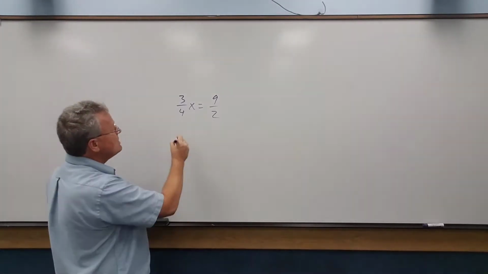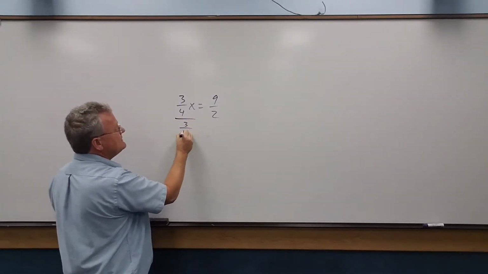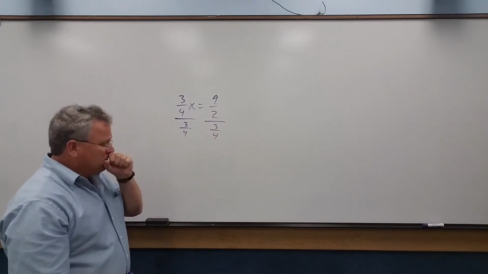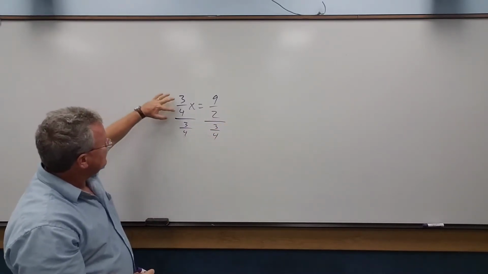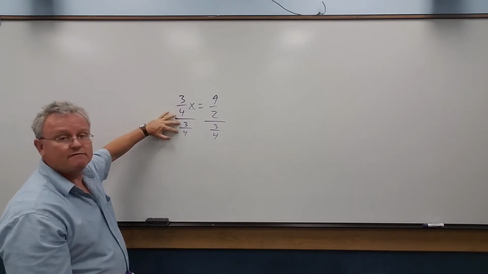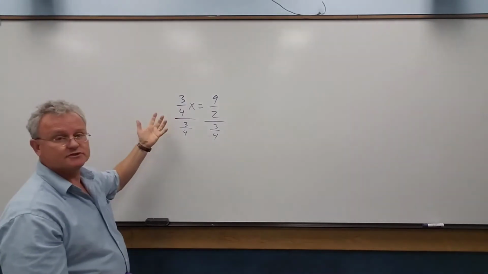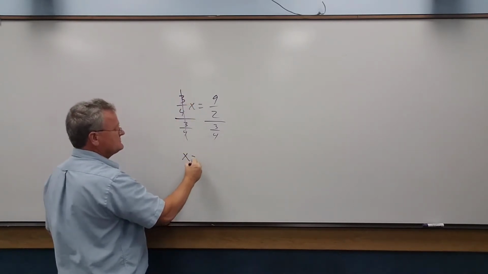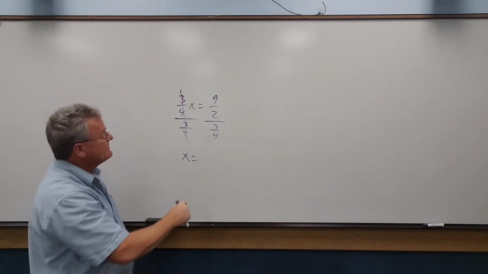The opposite of multiplying is dividing both sides by 3/4. 3/4 over 3/4 is 1. Anything over itself is 1. And 1 times x is x. So we say they cancel.